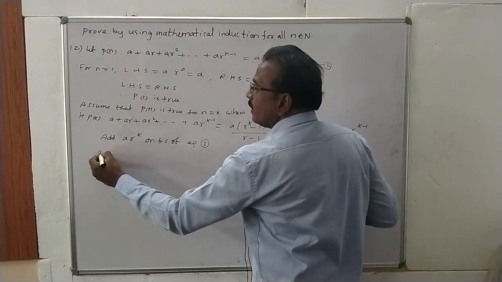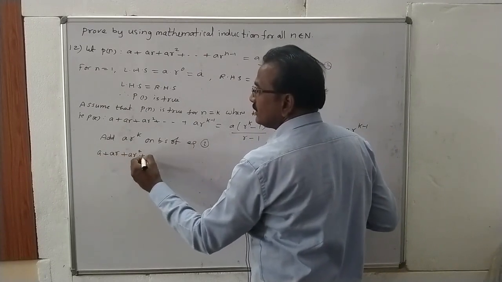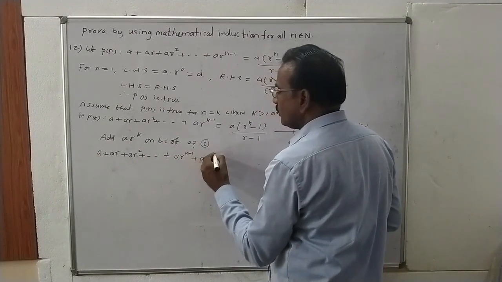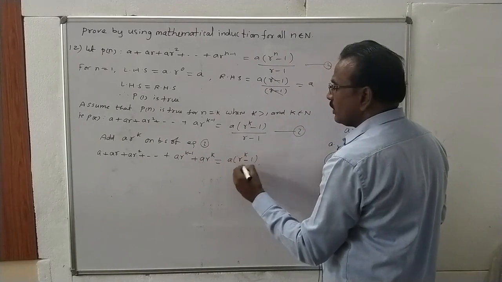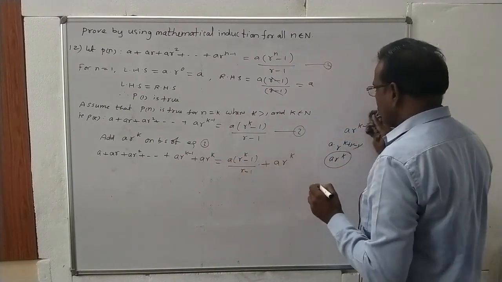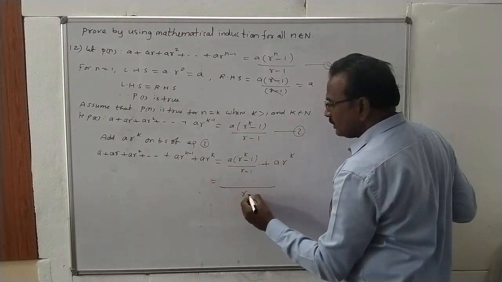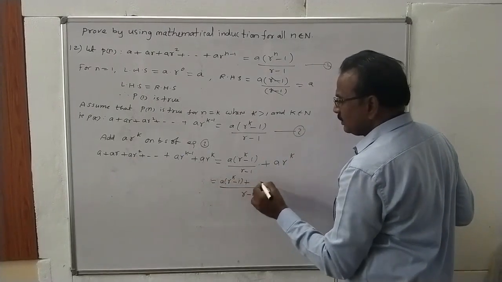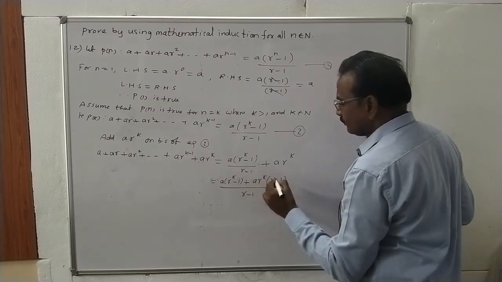LHS is a plus ar plus ar square plus dash dash a into r power k minus 1 plus a into r power k. Add this term on both sides, that is a into r power k minus 1 divided by r minus 1 plus a into r power k. What is the first step? LCM. Here what is LCM? r minus 1 is the LCM. a into r power k minus 1 plus a into r power k into r minus 1.